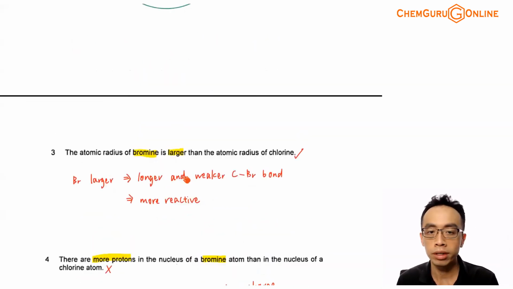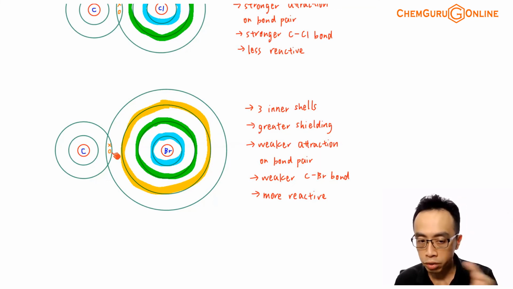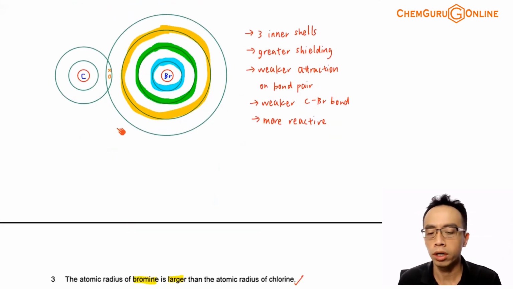Again, if we refer back to the diagram, remember the strength of your C-Br bond depends on the attraction between the nucleus and the bond pair of electrons. If I have more protons, the nuclear charge will be greater. With a greater nuclear charge, you should be able to attract this bond pair of electrons more strongly.